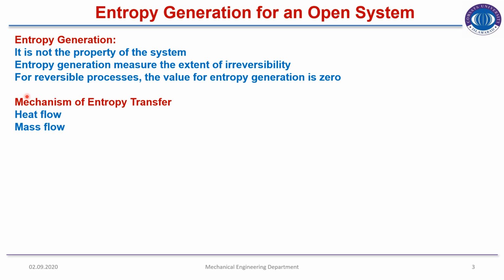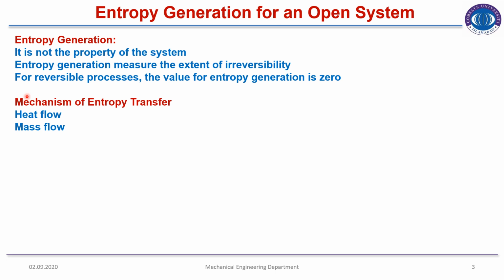If heat is flowing into the system, its entropy will increase, because you can remember that the formula for entropy due to heat flow is S equal to Q by T. Q represents the heat content. If the heat is flowing into the system, the sign is positive for Q. If heat is flowing out of the system, the sign convention we follow is negative Q, because the total heat content of the system is reducing.